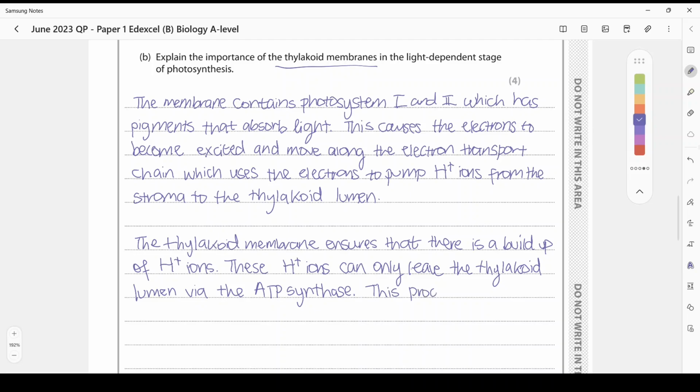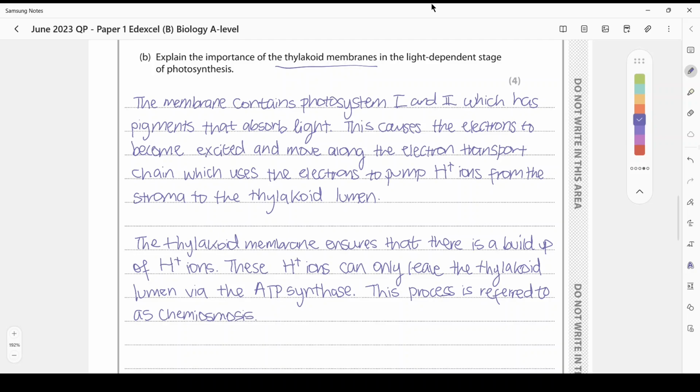This process is referred to as chemiosmosis.